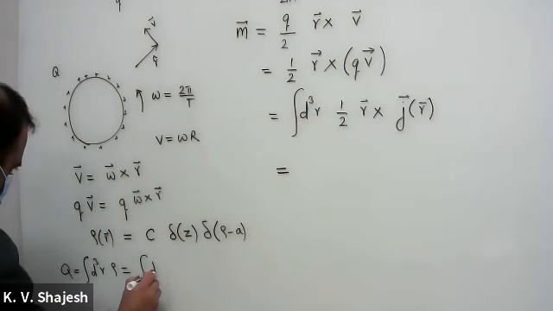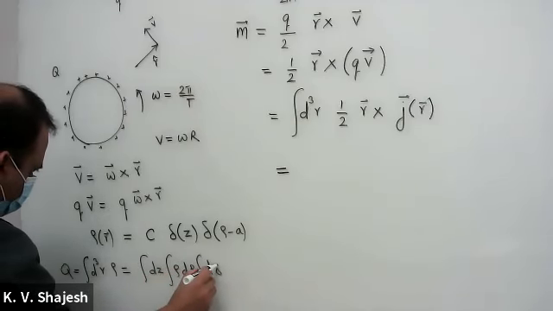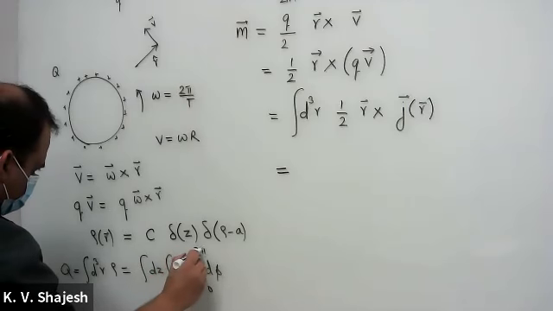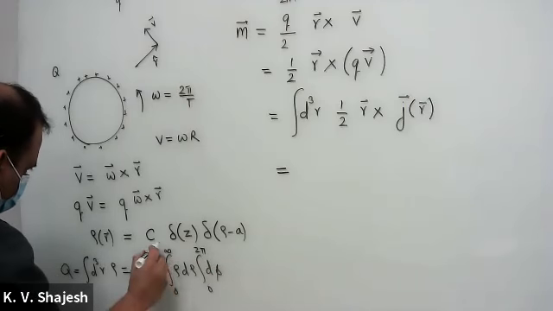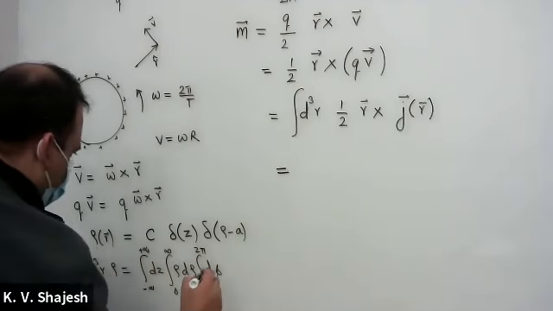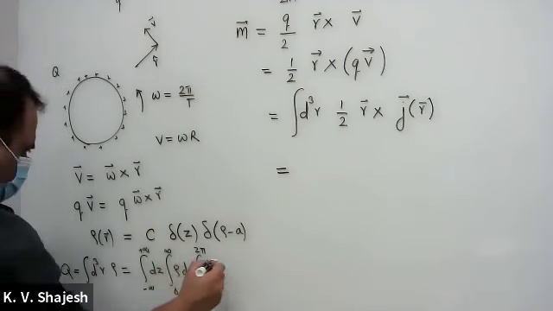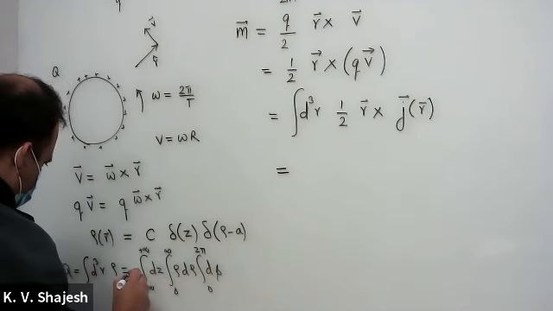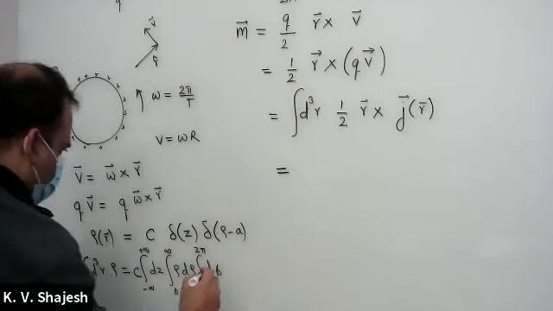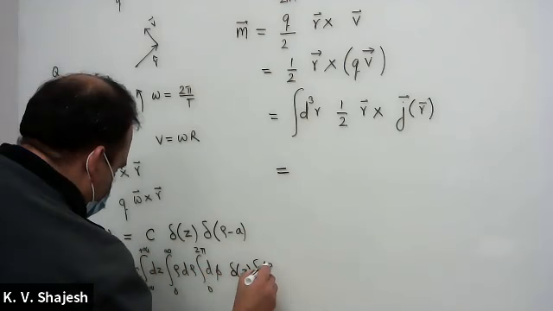This is integral of dz, rho d rho and d phi, 0 to 2 pi, 0 to infinity, and minus infinity to plus infinity. All this times C, which cannot depend on any coordinates, so if you want to pull it out, that's what we want to find out. And that's delta of Z times delta of rho minus A.